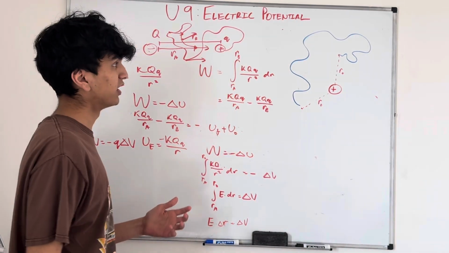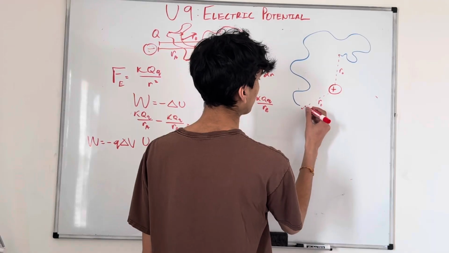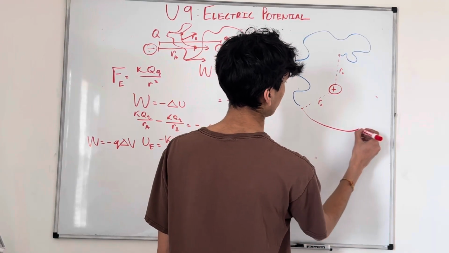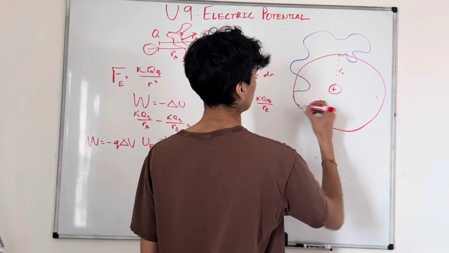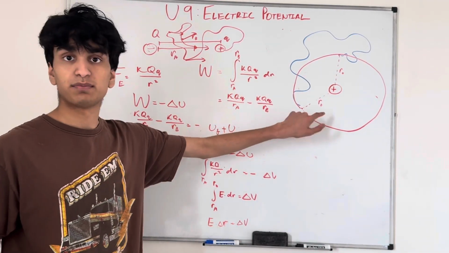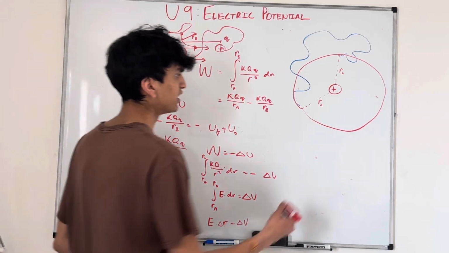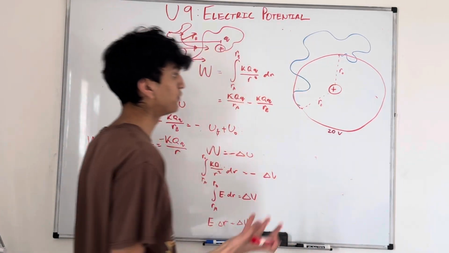And with that thinking, if you took all the points that are equidistant, you would get a circle. And on this circle, because it's equidistant from the charge, all these points would be at the same potential, right? Whether this is 10 volts or 20 volts, I don't really know, but it would all be at the same potential.